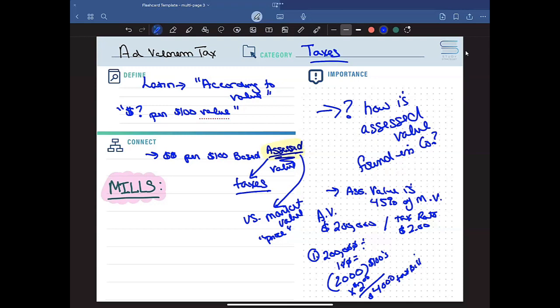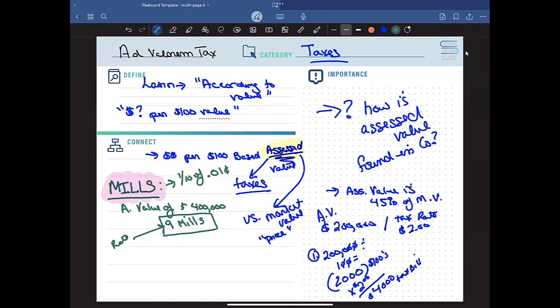Well, in a state that uses mills, they'll say, oh, it has an assessed value of, I don't know, 400,000, and you're paying, I don't know, 9 mills as the tax rate. That 9 mills is the rate. And a mill is worth 1/10 of 1 cent.